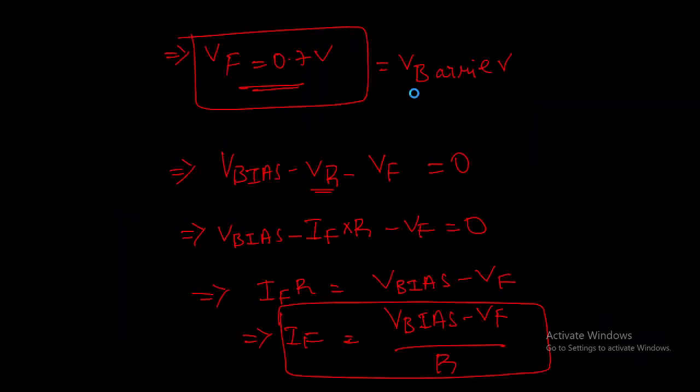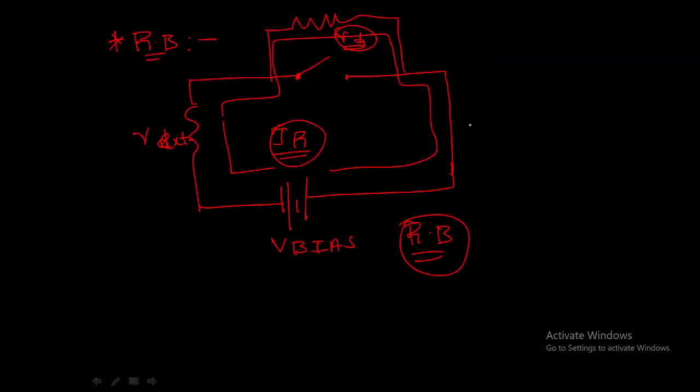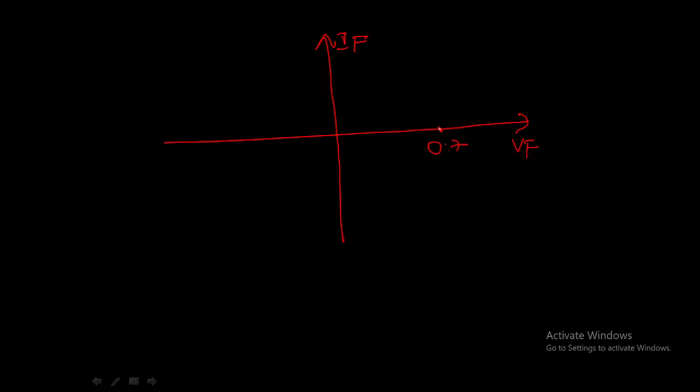But here there is a small resistance offered to the current flowing through RD, so the line is not straight. It has a small slope.